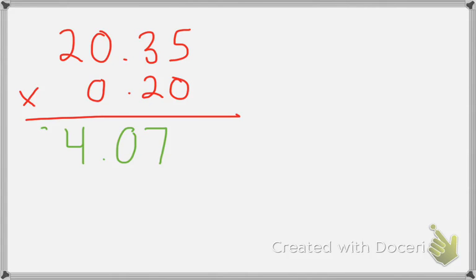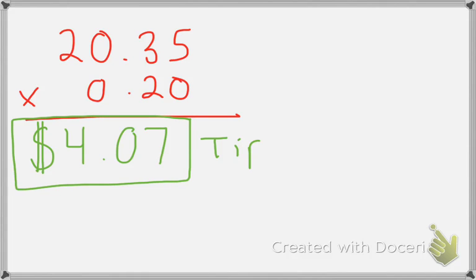So what that's telling us is that we want to tip $4.07. That's our tip. That's what we're going to be leaving on the table for the waiter or waitress. But now we have to figure out what we're paying in total. So remember, for the total, with tip think of the addition sign, because we're adding.